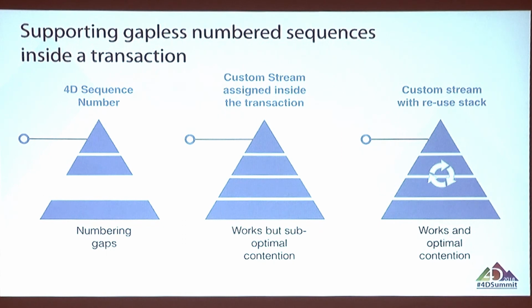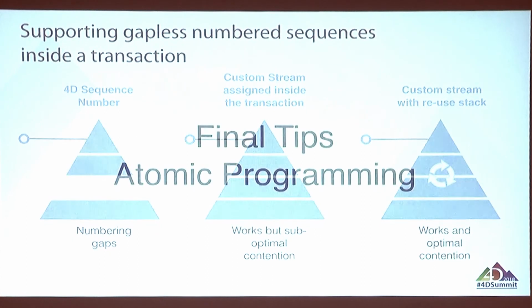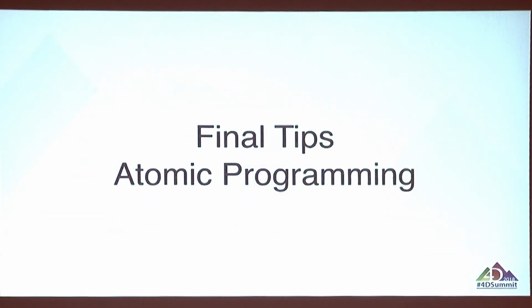You need to use, for example, a parameter record where you increment it. And the best one is a parameter record where if the transaction gets cancelled, you throw the invoice number back on the stack and it gets used again. But that's a bit beyond the scope of the talk.